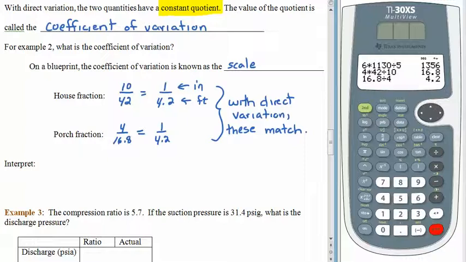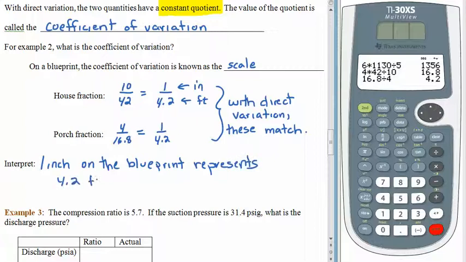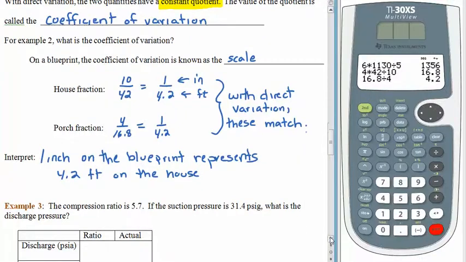Both fractions have to be equal. So what we really know now is that for this particular blueprint, 1 inch on the blueprint represents 4.2 feet on the house. Let's try another example and slide down to the bottom of the page.